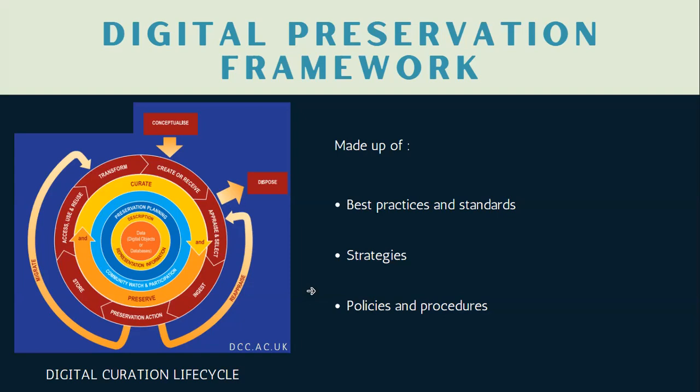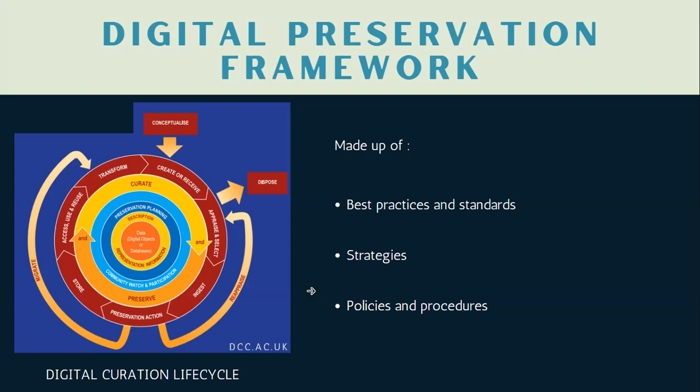So with this life cycle, you can see that in the data itself, the very middle orange circle, there are digital objects and databases. I'll try and read as many words as I can for you so you don't have to squint. Digital objects are stored in databases, but databases themselves also need to be considered with digital preservation.